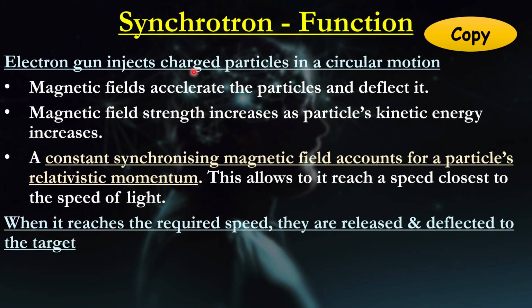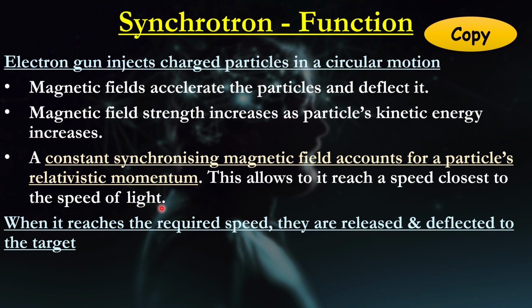So we have the electron gun that ejects the charged particles in a circular motion. The magnets will help accelerate the particles and cause them to deflect in a circular manner. The magnetic field strength of a synchrotron increases with the particle's kinetic energy. Now, the importance of that is, like we said, through this synchronizing process, we can account for the relativistic effects of momentum as the particle reaches closer to the speed of light.